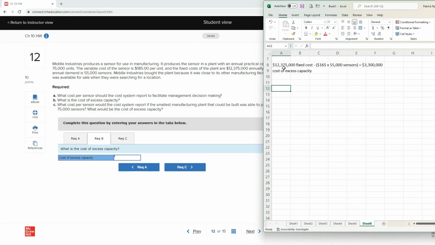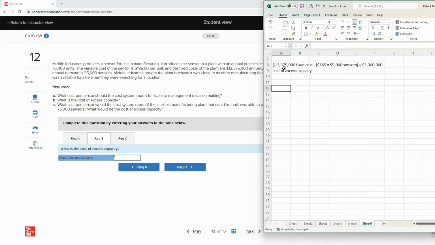So even though we only have demand of 55,000 sensors, the building contractor said, sorry, we can't build a plant for just 55,000 sensors. We have to build a plant that's a certain size, and that's going to be able to produce 75,000 sensors.